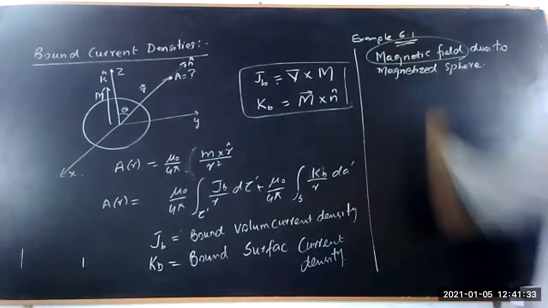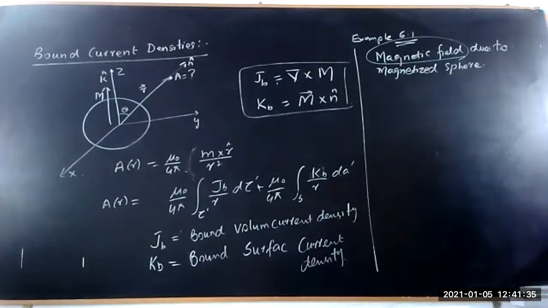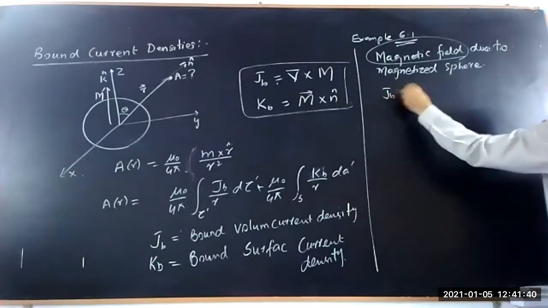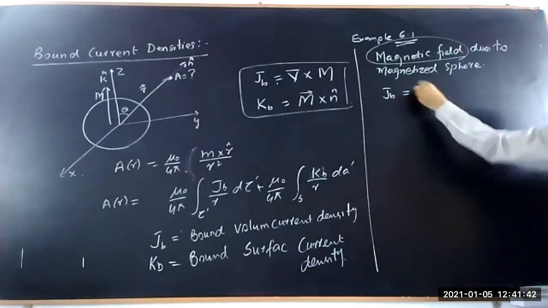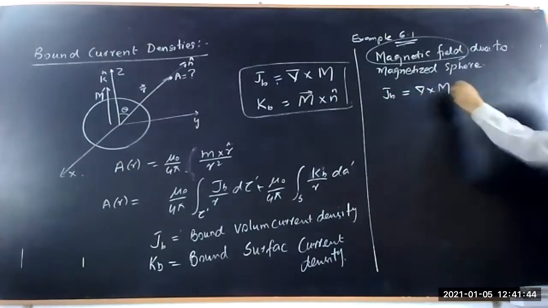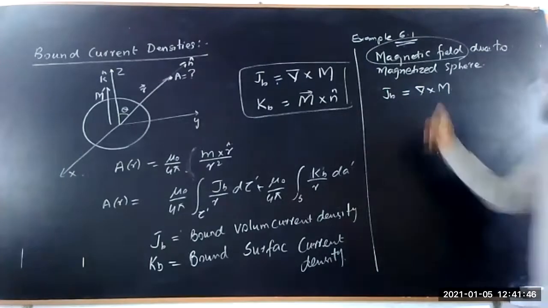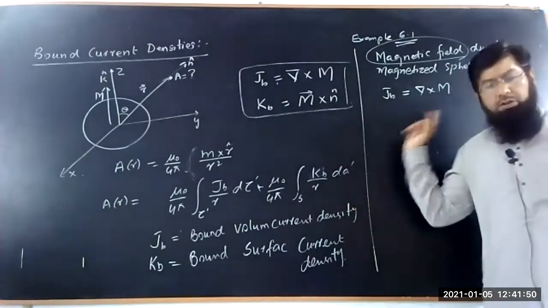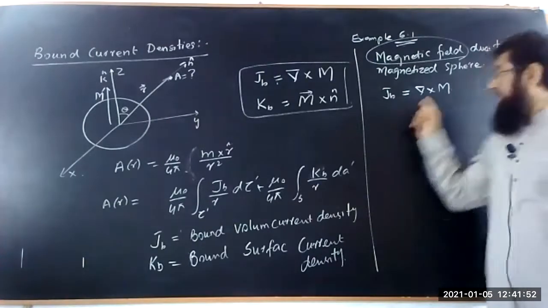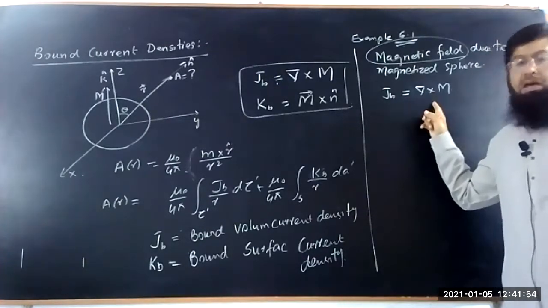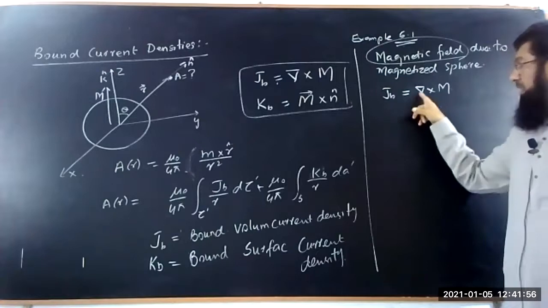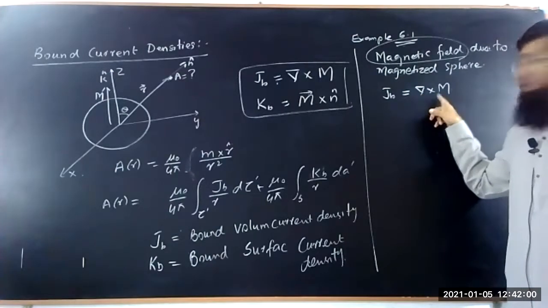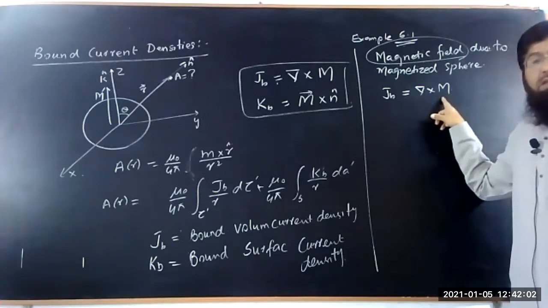6.1. Here we know that J_b is equal to the curl of M. For uniform magnetization, the curl, which gives the change of M with respect to x, y, and z, is zero if M is constant.